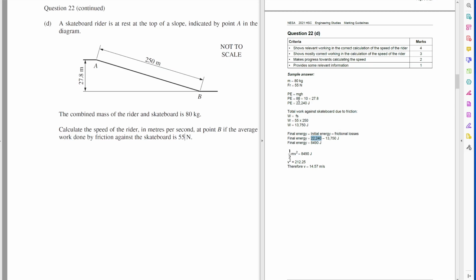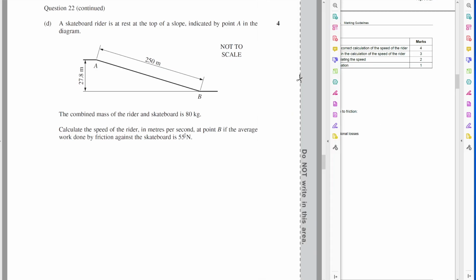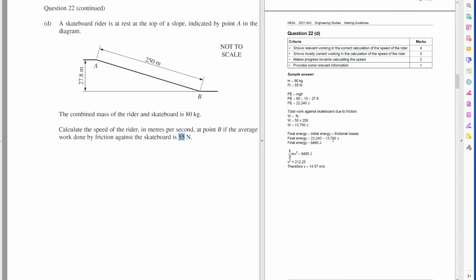So mass of 80 times gravity, they use 10, great, times the height relative to the center of the Earth, from point A to B. And then we're minusing the frictional losses, which is Fs. The force is 55 kilonewtons multiplied by the displacement of 250. If you add all those numbers, we get 8,490.